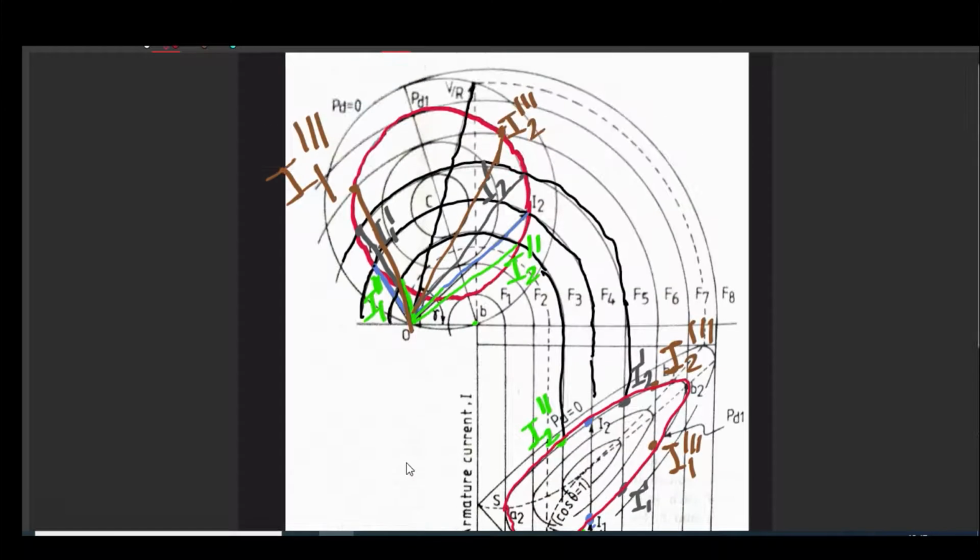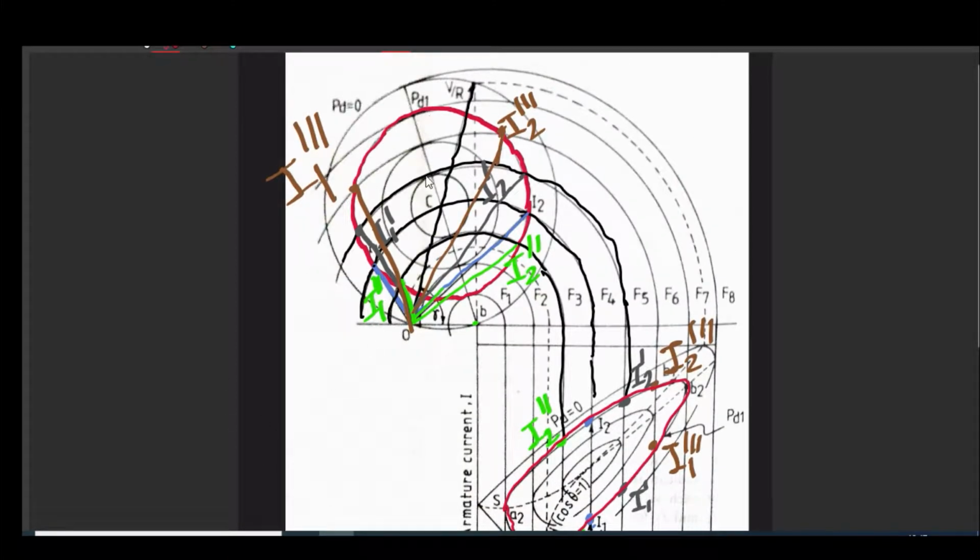Interestingly, you can see that on this side, obviously the minimum value of current is for unity power factor.